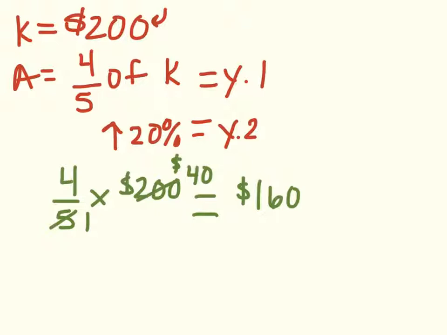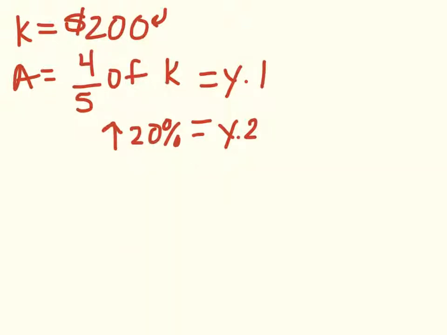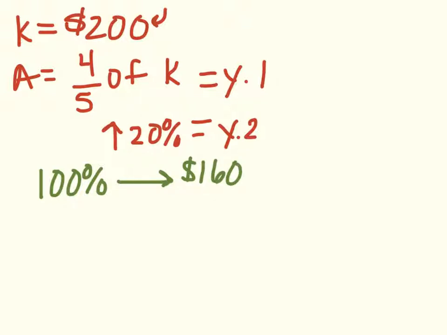So now we want to calculate how much his savings increased in year 2. So the difference between year 1 and year 2 is 20%. So if 100% of his savings in year 1 is represented by $160, then 1% will be represented by $1.60.